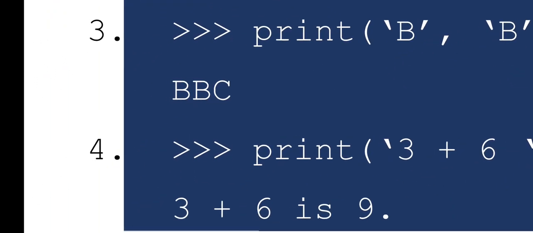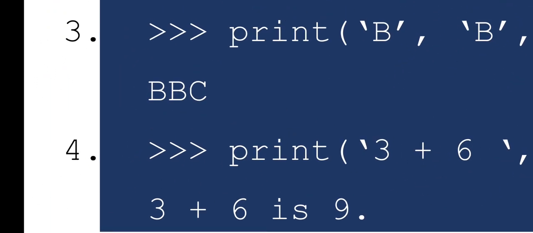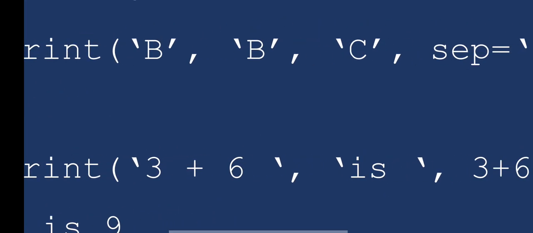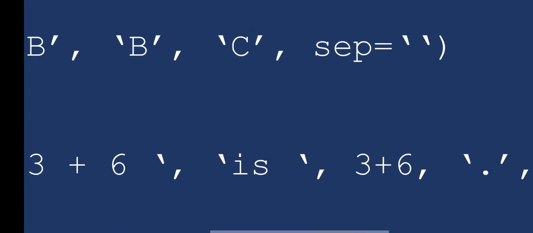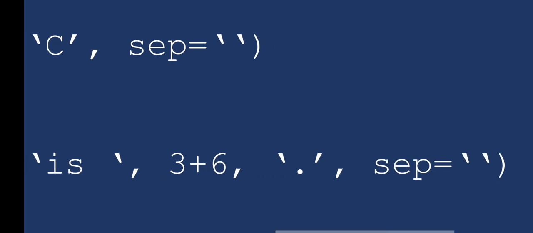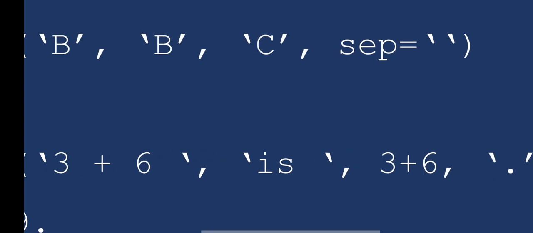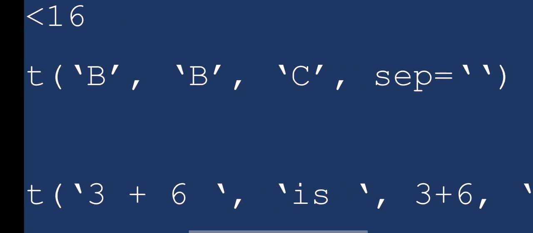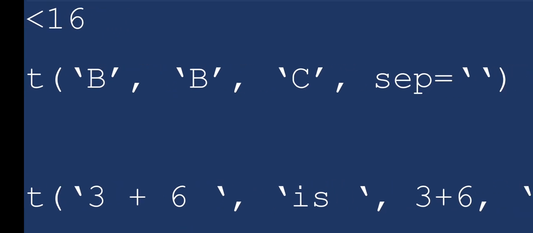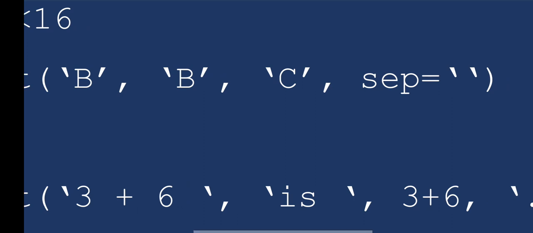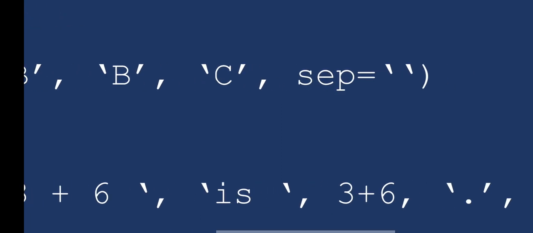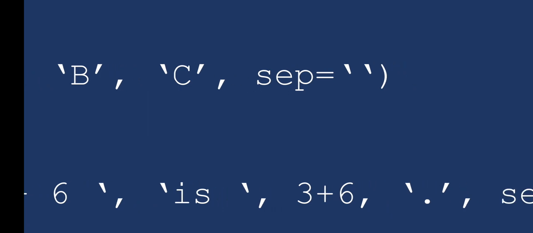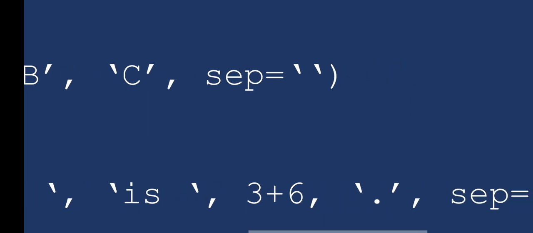So this is example 4, which is the last example, where the print function has a lot of arguments. The first argument is a string representation of 3 plus 6, then comma, then space. The next argument is a string representation of is, then space.